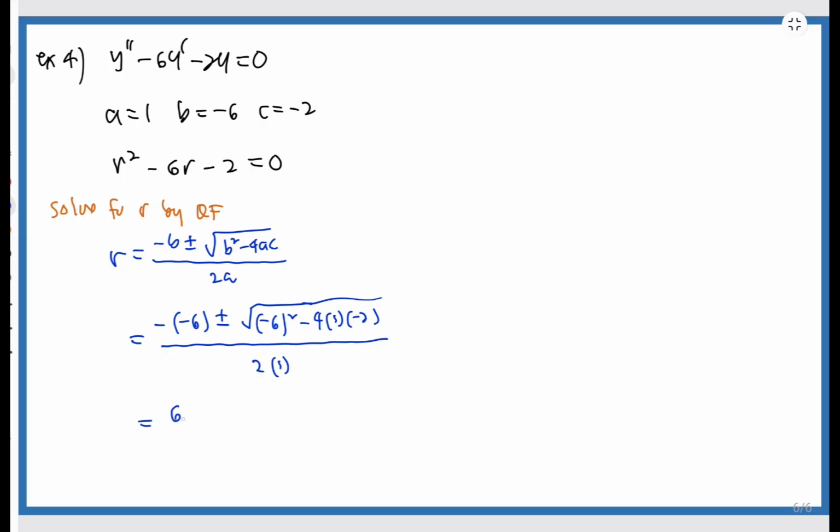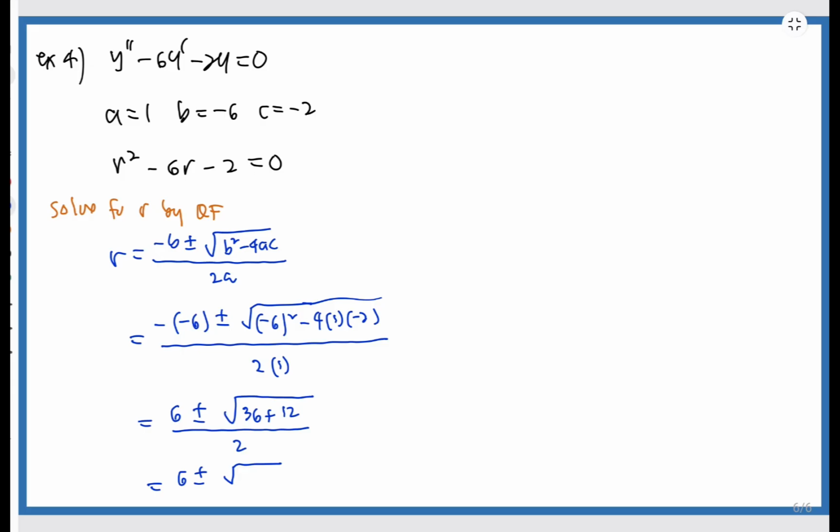So it's equal to 6 plus minus the square root of 36 plus 8, 4 times 2, all over 2.